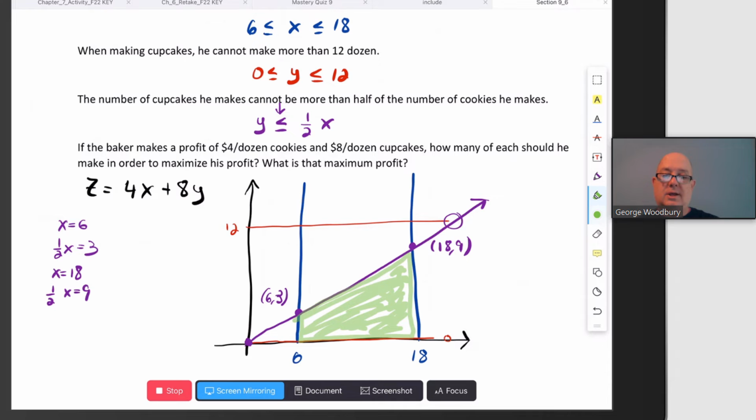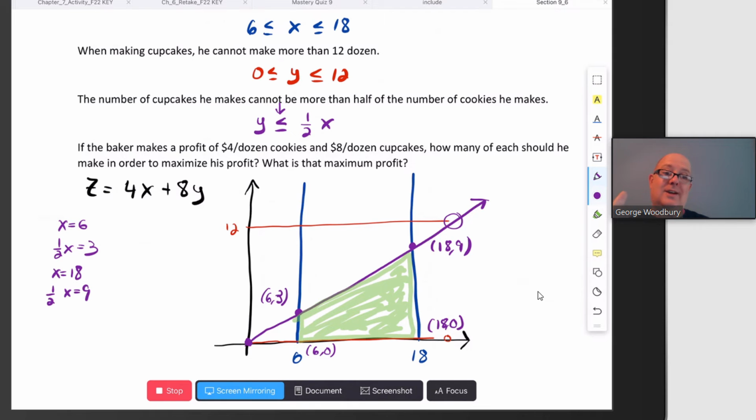So that's how we got this piece right here. I already know the coordinates of 2 of the 4 corners: this one here is 18, 0, and this one here is 6, 0. And so the maximum has to occur at one of those 4 ordered pairs.